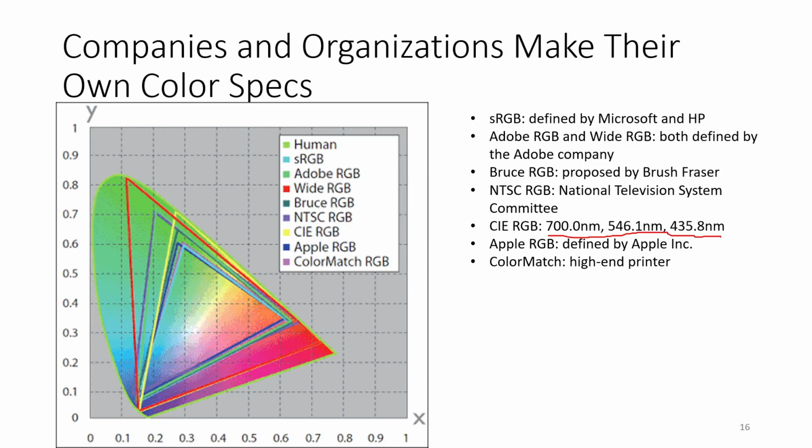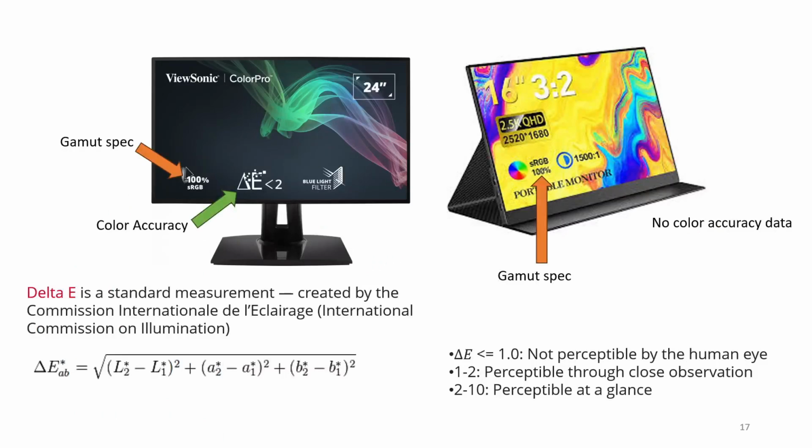Let's see this. When you want to purchase a monitor, you often see this spec. It means the monitor can show 100% of the sRGB color gamut.